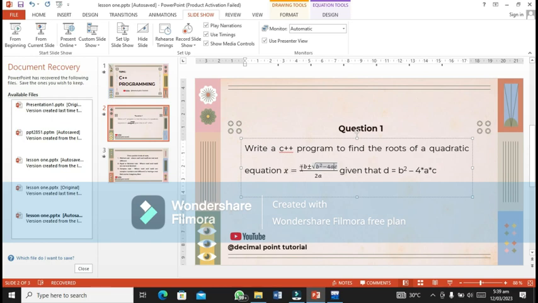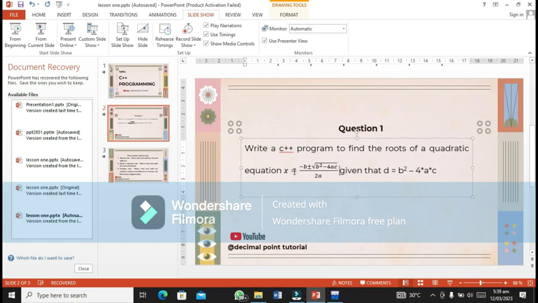In this case, I'd like to call a, b, and c the independent variables, and the x, which is representing root 1 and root 2, the dependent variable. Why? Because root 1 and root 2 depend on the values of a, b, and c. As the values of a, b, and c change, so do root 1 and root 2.